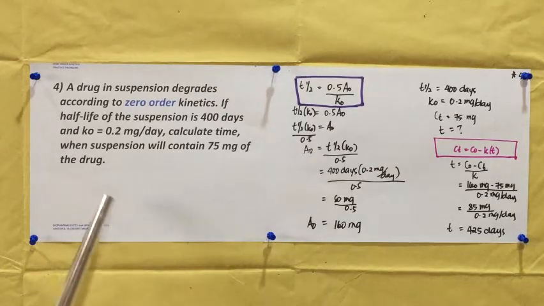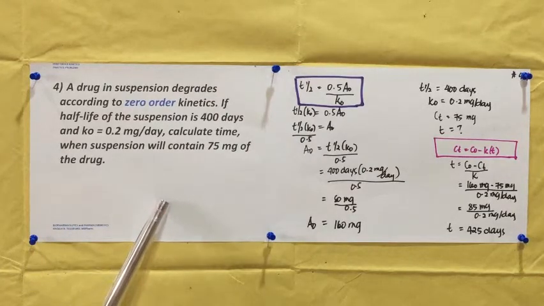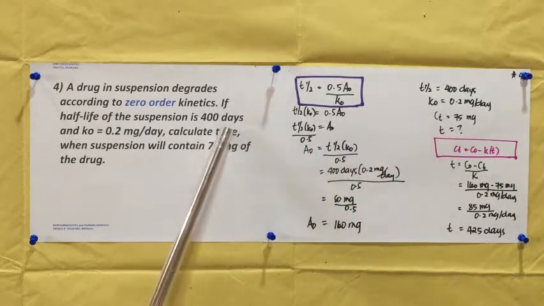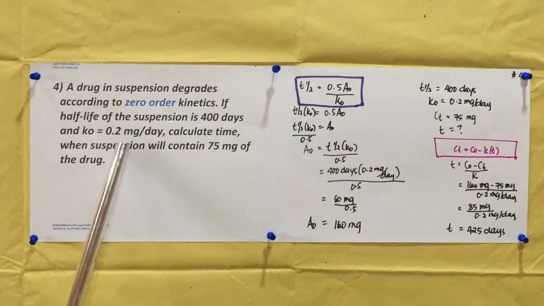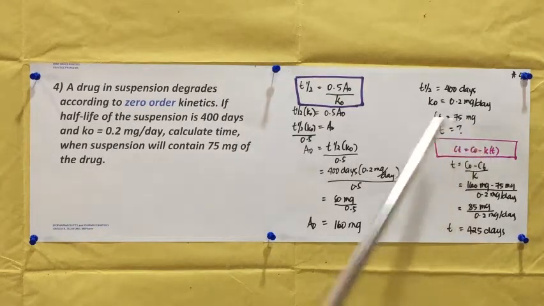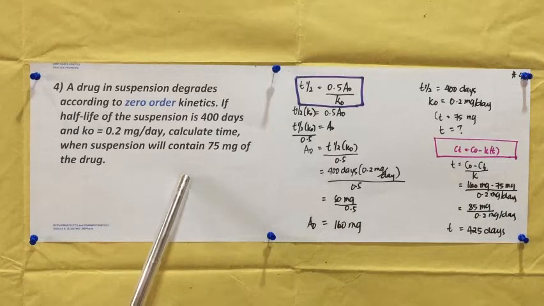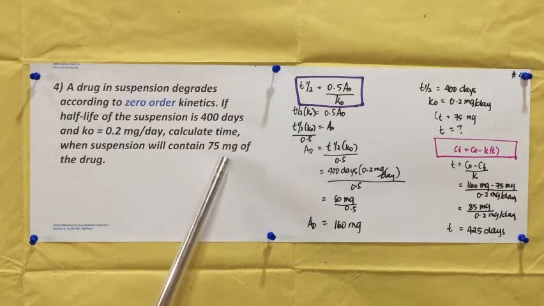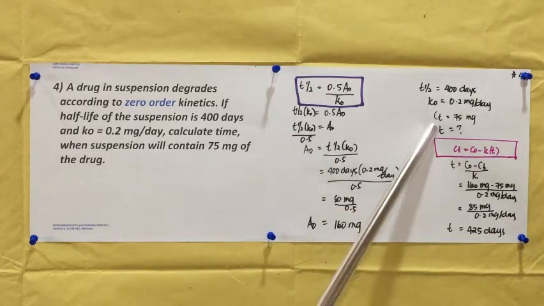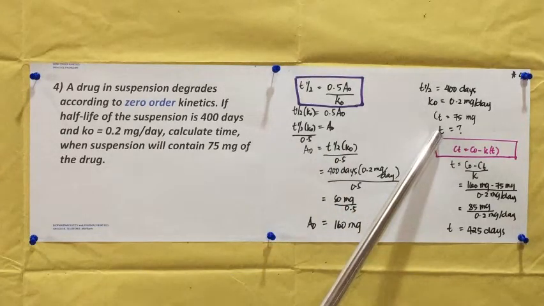From this problem, let us identify first the given. Half-life is given as 400 days and KO is given as 0.2 mg per day. What is being asked is the time when the suspension becomes 75 mg of the drug. So, this 75 mg is CT and we are being asked of the time.